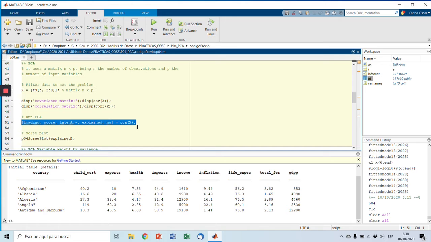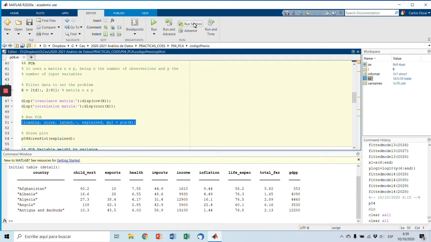So you subtract from each variable the mean, and then you try to find new variables that are linear combinations of the original ones in such a way that you keep as much variability as possible.